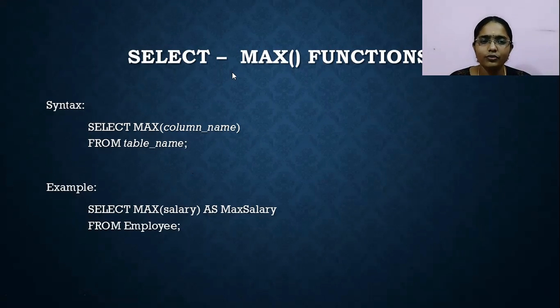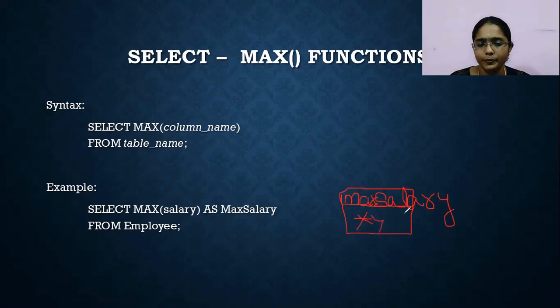So from the table, the maximum salary will be selected and displayed as max_salary in your output. This max_salary is the customized name we have given by using the AS keyword. AS is used for customizing a name. Clear with this one? The maximum salary, something XYZ, is going to be displayed.